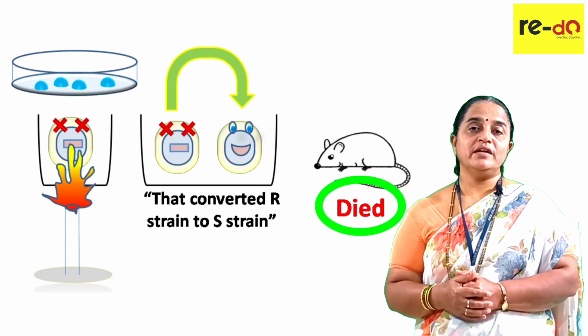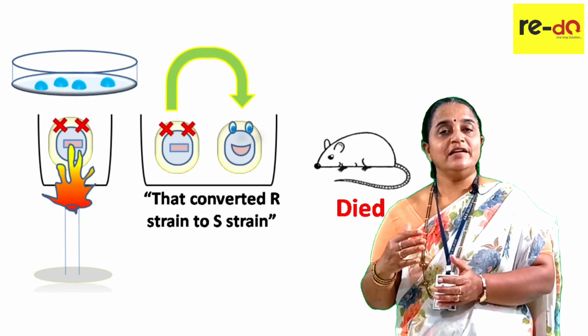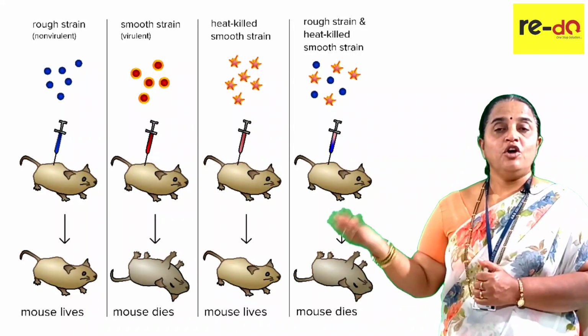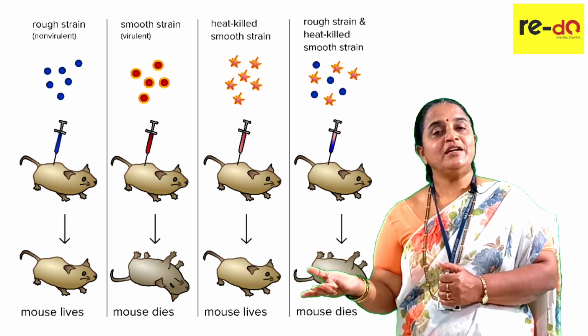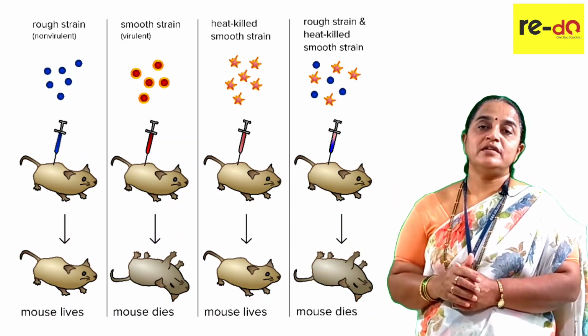But he did not know what exactly happened, what exactly the phenomenon was by which R bacteria converted into S. Non-pathogenic became pathogenic, non-capsulated became capsulated, non-virulent became virulent.